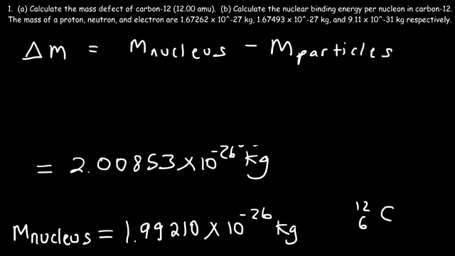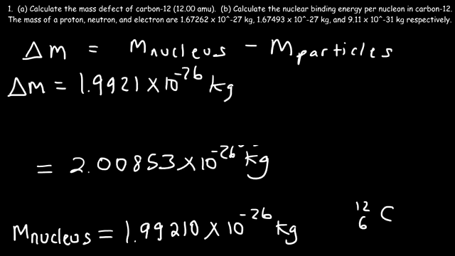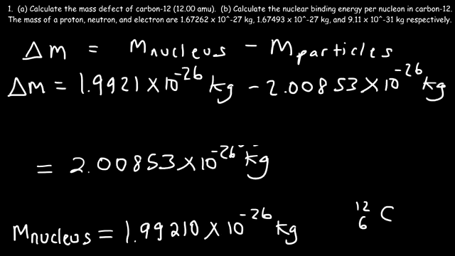So now we can calculate the mass defect. The mass of the nucleus is 1.9921 times 10 to the negative 26 kilograms. And then the mass of the individual particles that make up the nucleus is this number. And so let's see what this is going to be.